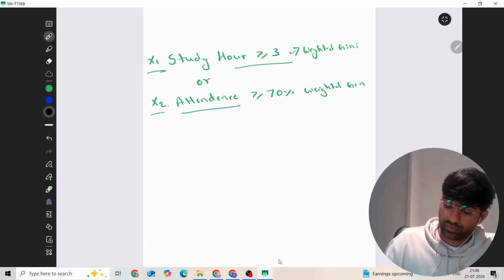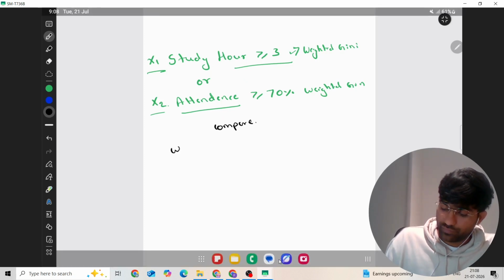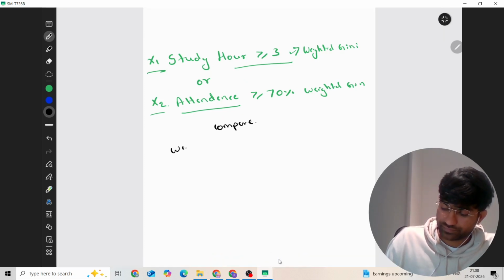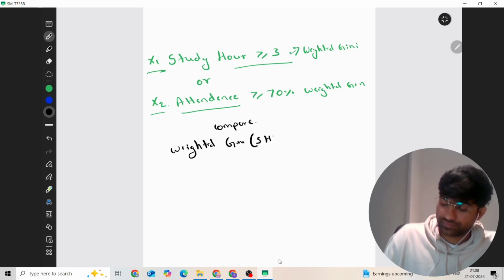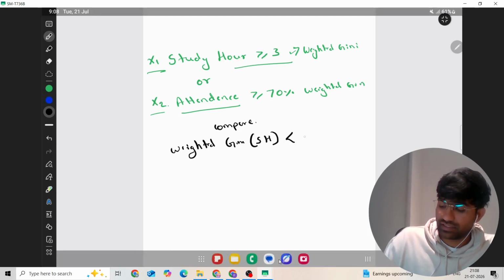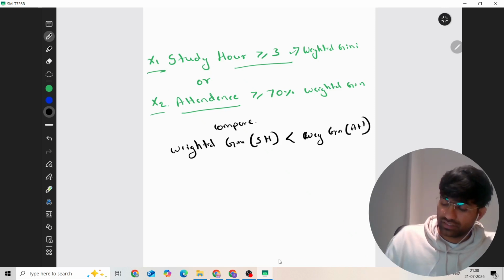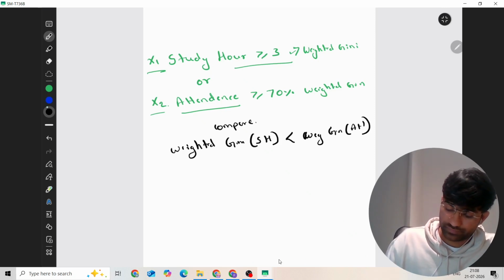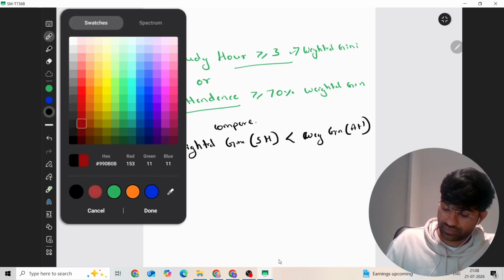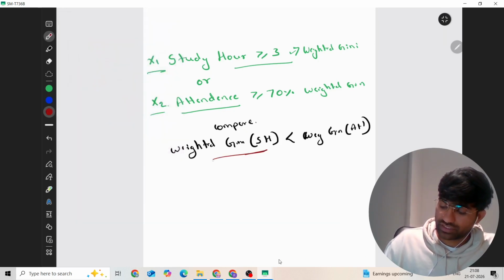Then I have to compare. If weighted Gini of study hours is less than weighted Gini of attendance, then I should choose study hours to split the data.